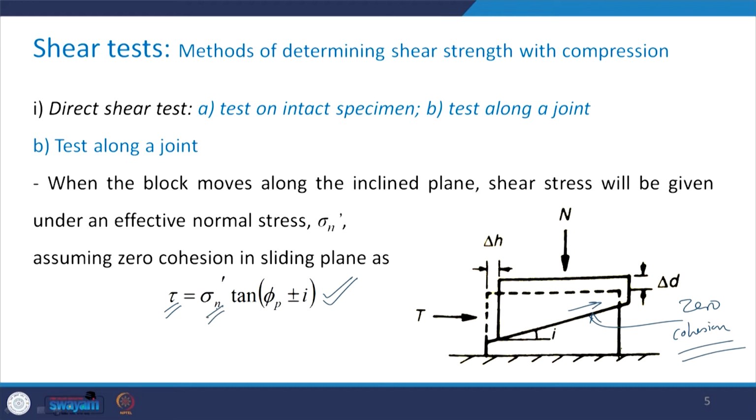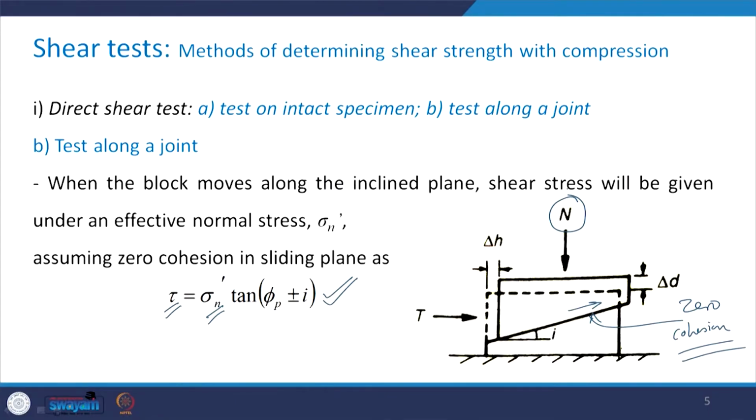Now, how will we obtain this normal stress? We know this normal load, we know the area along which the shearing is taking place. When you divide N by that area, you will get this normal stress. So, if the plane along which the sliding is taking place is inclined, this is the expression that will give you the shear stress along the inclined plane.